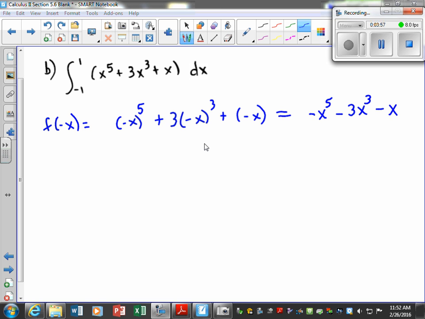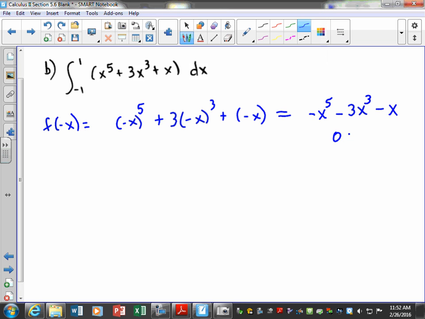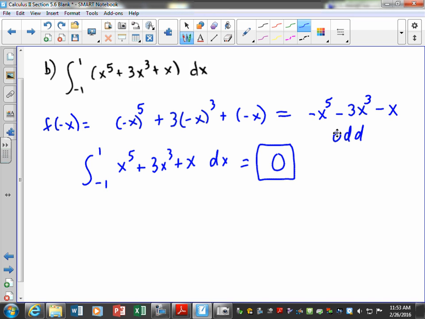So term for term for term, everything's exactly opposite. So that means that this is an odd function. Using our property, then from negative 1 to 1, x to the 5th plus 3x to the 3rd plus x dx is just going to equal 0. And that's a very nice property to have there.